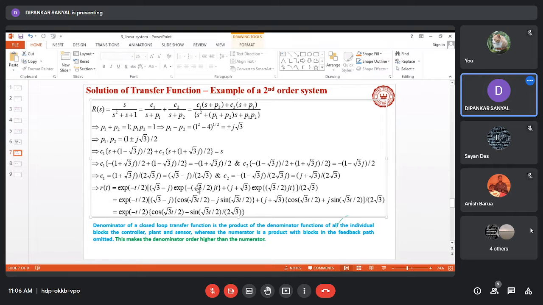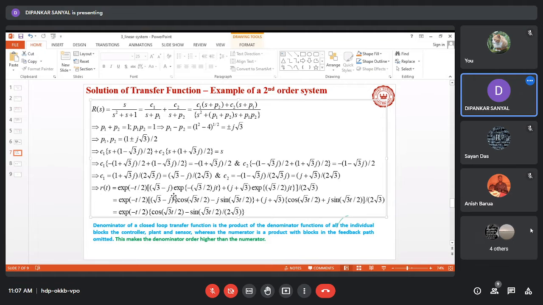And for the minus part, we have the coefficient C2, and for the plus part, we'll be having the coefficient C1. When it is plus, the exponential will be negative, and when it is P2 here, it will be negative, positive.